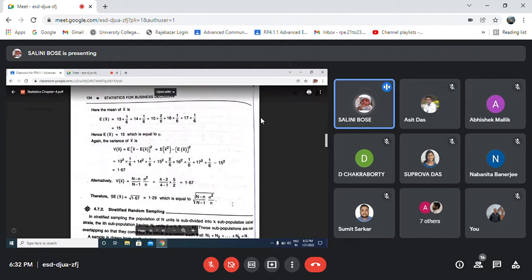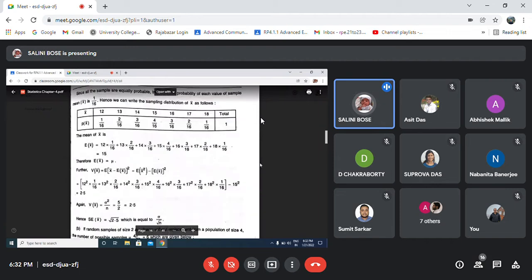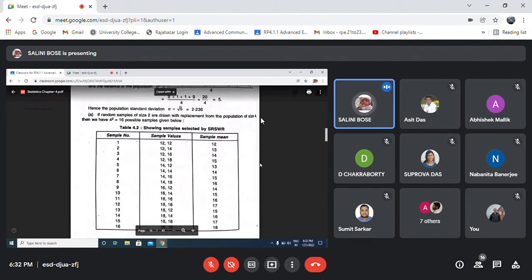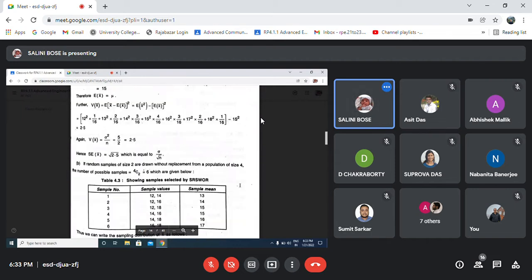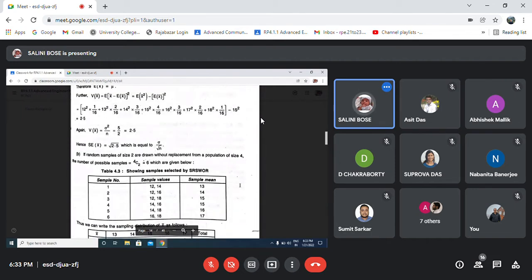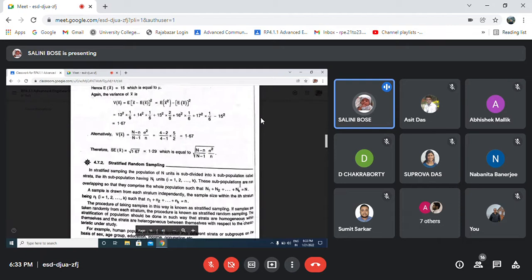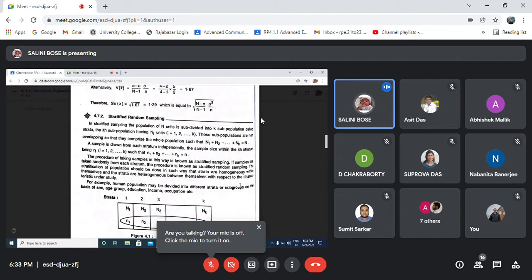Clear? So whenever this type of question comes, the main thing is how you collect the sample. If your sample selection is right, then the other parts are just normal equations. But proper selection of the sample must be done so that your answer will be right.